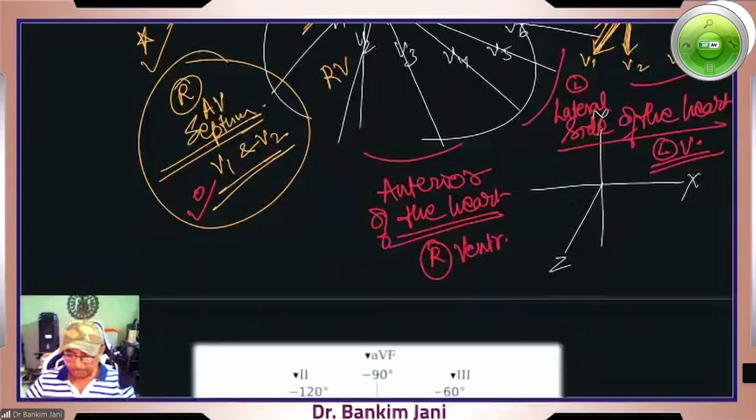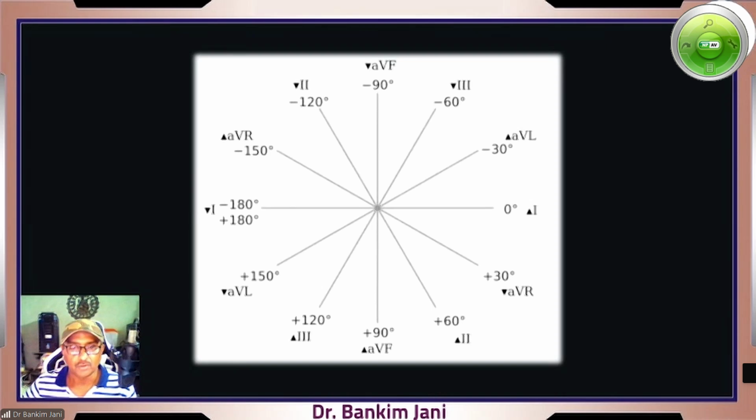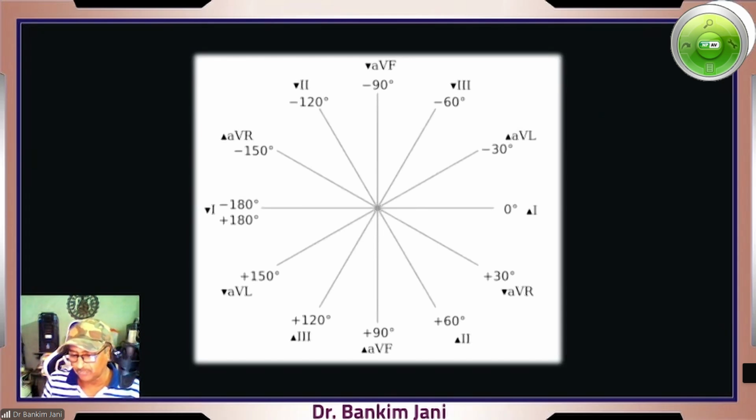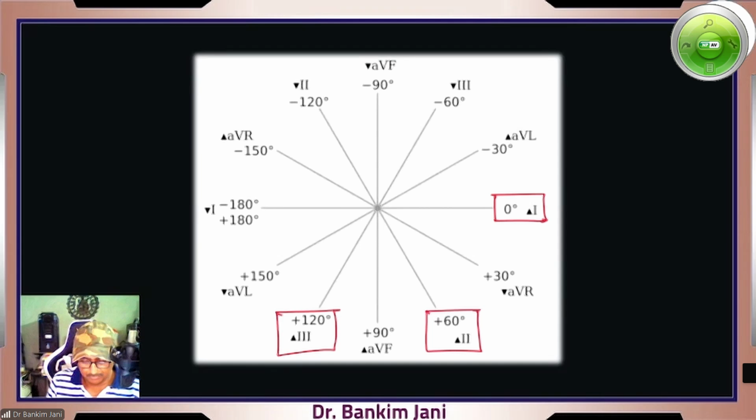Fine. So this was the whole of the Cabrera system. Right? So in this Cabrera system, this much is what I am expecting. You must remember this much, correct? And you have to remember AVR, AVF, and AVL.